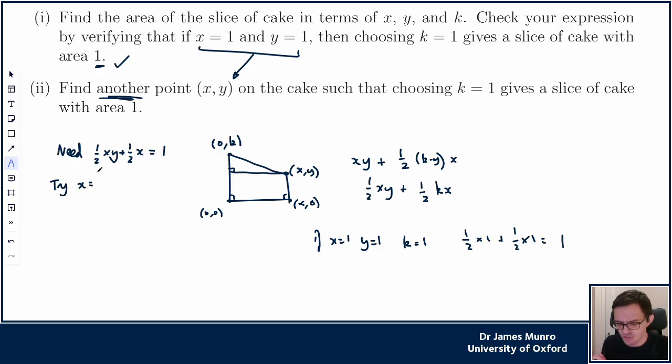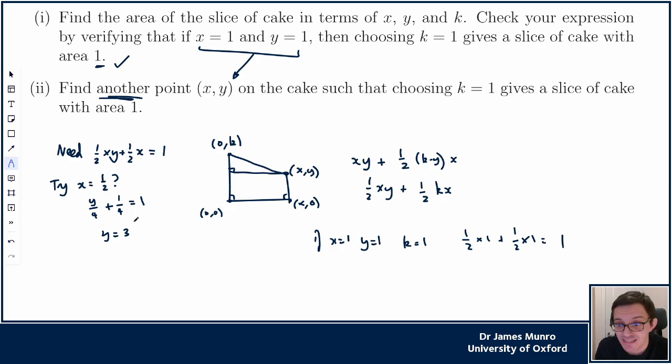It's got to be between 0 and 2, so let's see if I can get away with x being 1/2. If x is 1/2, then I have y over 4 plus 1 over 4 is equal to 1. So y is equal to 4 take away 1, which is 3, but that's off the edge of the cake. So this is not an example of a point on the cake.